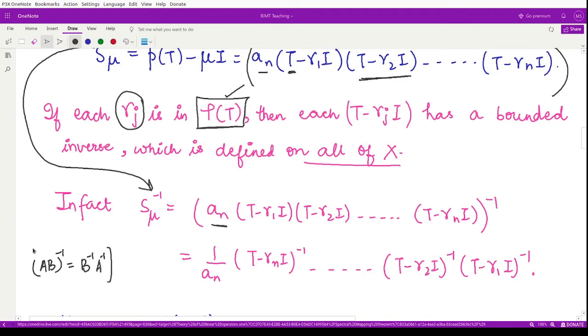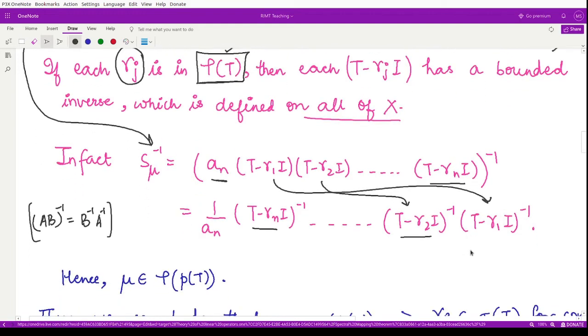So using this property here, we can write t minus gamma n I inverse up to t minus gamma 2 I inverse, t minus gamma 1 I inverse. So hence we can say that this mu also belongs to the resolvent set for the polynomial p of t.